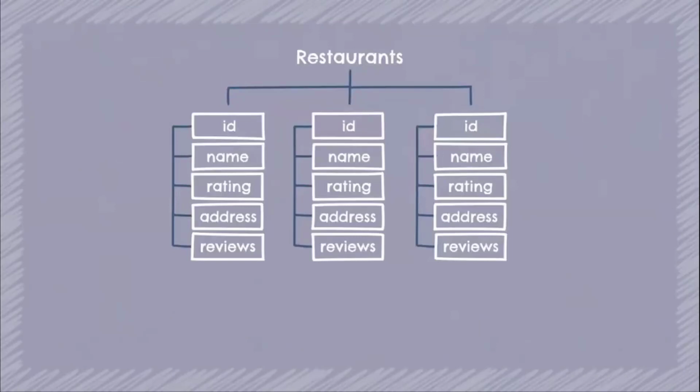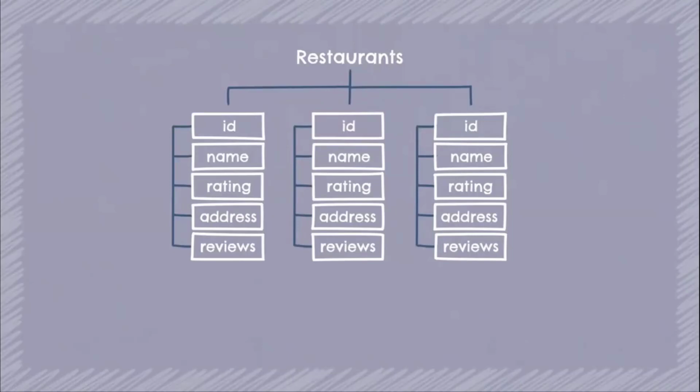Now, if we move to NoSQL databases, you don't have this concept of tables or of schemas. So NoSQL databases are schemaless. What's good about that is that if you want to add fields to a specific object, in this case, restaurants. So you have an object that contains your restaurants, and each entry in this restaurants object will have specific fields.